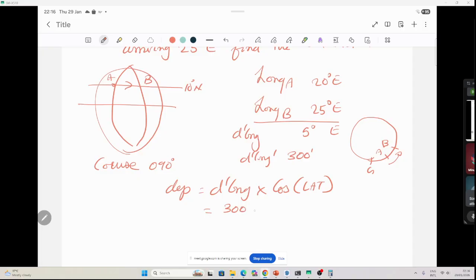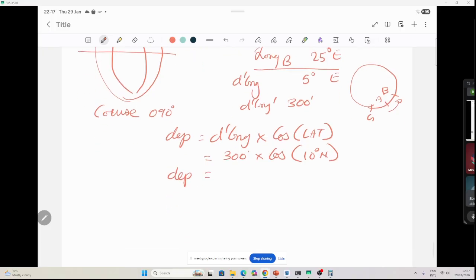So 300 minutes into cos latitude, 10 degrees north. And the departure is equal to how much? Now you need the calculator to do that. 295.4.